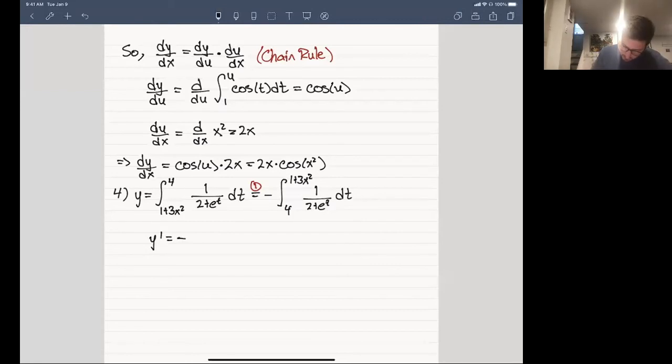So you get the minus floating through, 1 over 2 plus e to the power of 1 plus 3x squared, and then multiplied by the derivative of the upper bound, which is going to be 6x. If you want, you can clean this up a little bit: minus 6x over 2 plus e to the 1 plus 3x squared.